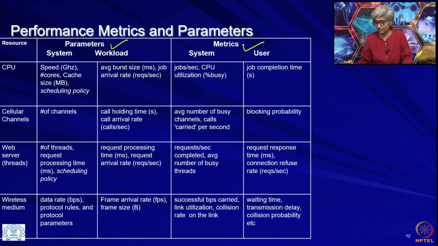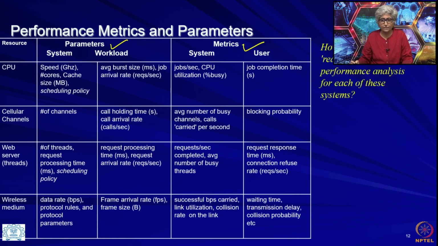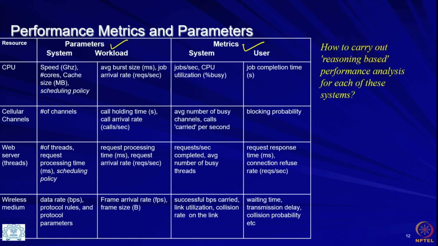So, if you want to do this analysis, you may wonder, do we have to do it separately for each of these things and then hundreds of other resources that are also there in each system. There are different scheduling policies, there are different metrics. Do I have to go through the maths for each of these systems? So, that seems very daunting, right. How do we carry out this analysis?